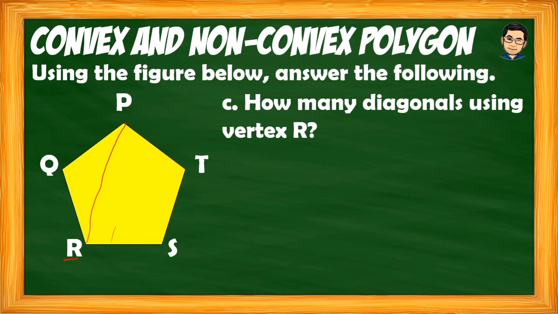Then, from R, connect natin siya sa T. So, pwede ba natin siyang i-connect sa Q? Hindi po. Kasi po, kailangan yung diagonals drawn inside. Okay, kasi ano yun side siya ng polygon, kung Q. And then, hindi rin pwede sa S. It means, there are 2 diagonals that can be drawn from vertex R.